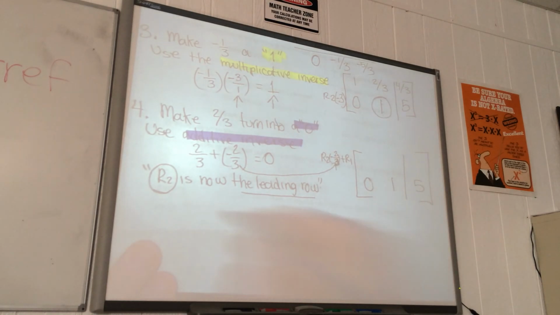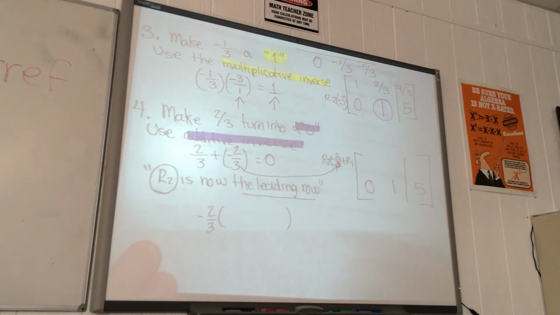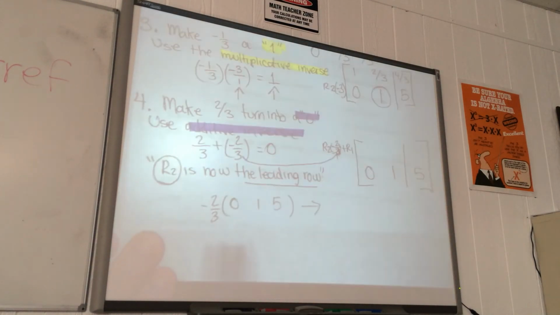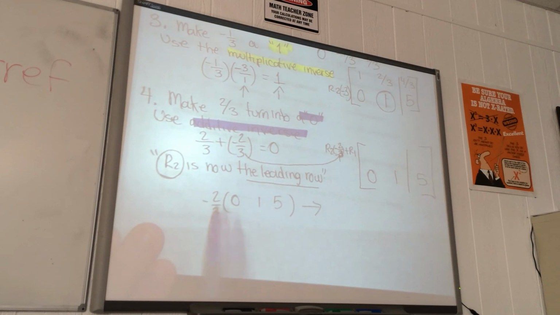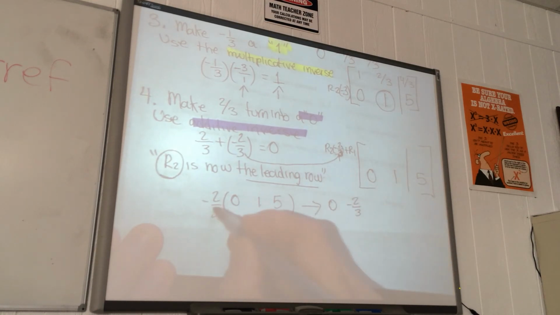Okay, so let's start. Negative 2/3 times R2, that is 0, 1, and 5. So let's see what that is. What is negative 2/3 times 0? 0. Negative 2/3 times 1? Negative 2/3.